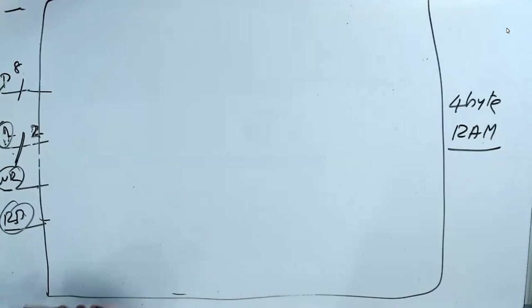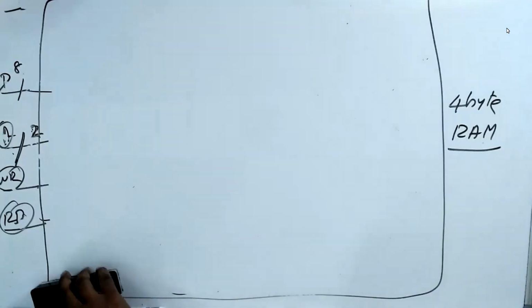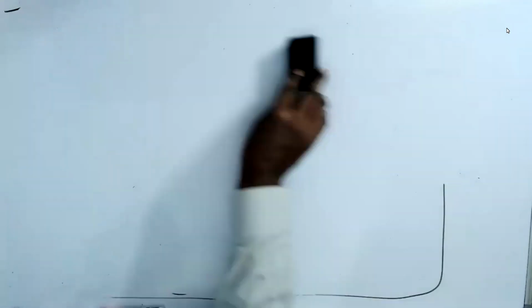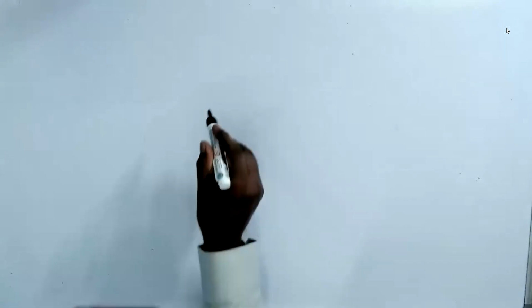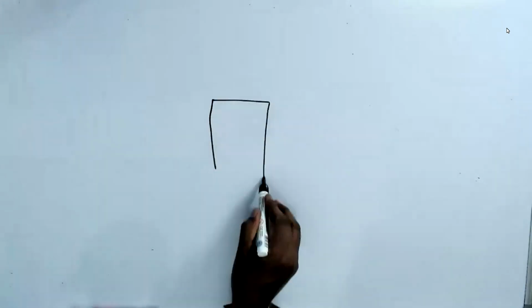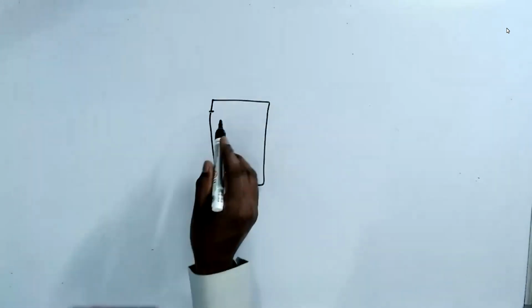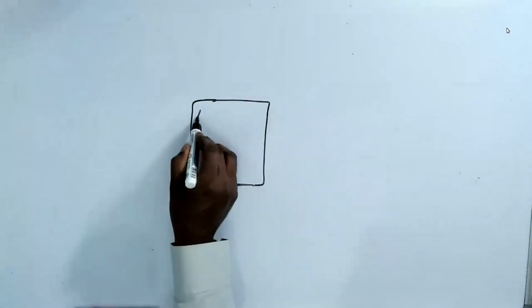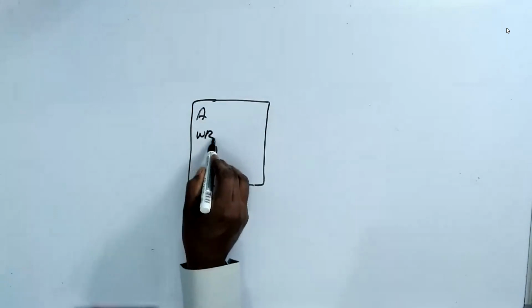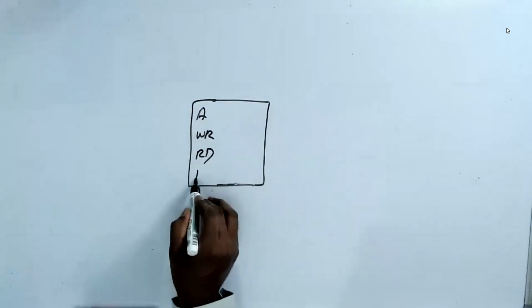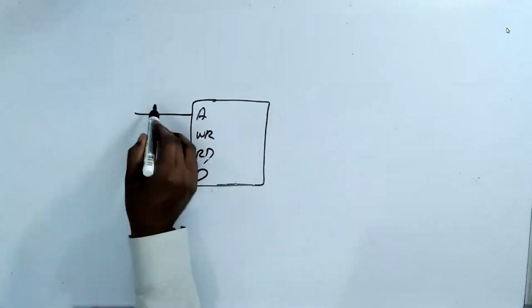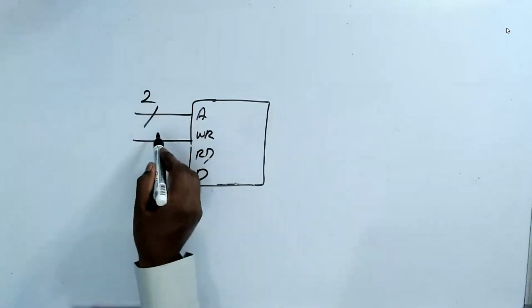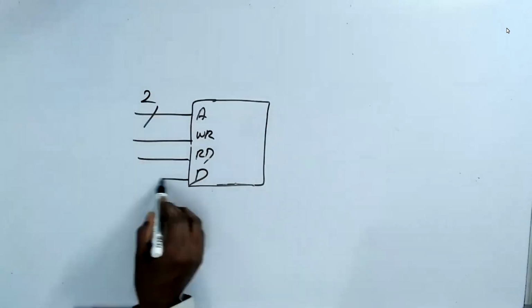Now, I make the whole thing like this. This is the way we write. This is a building block, a small one. See here, I have A, write, read, and D. A is 2, write is read of 1, 1, data is 8.